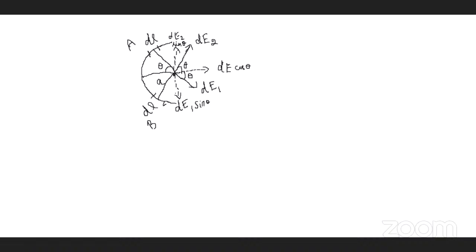So dE cos theta is equal to 1 by 4 pi epsilon 0 dq by a squared into cos theta. Here dq is the charge and a is the distance.